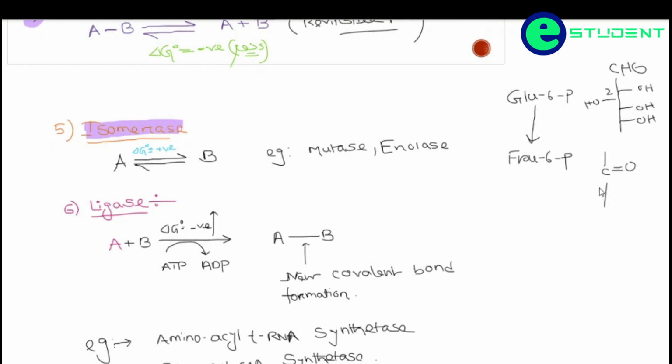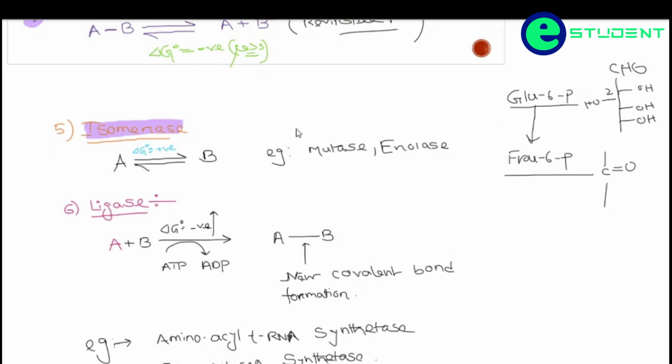So the aldehyde is converted into a keto group. This kind of reaction is catalyzed by the isomerase enzyme. So A and B just have a difference in their structural skeleton, nothing else. So glucose 6 phosphate can be converted into fructose 6 phosphate by the enzyme isomerase.